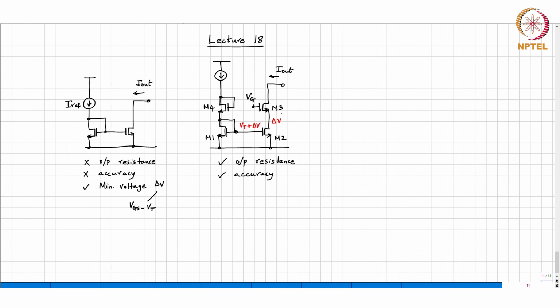Yes, Abhishek Chaudhary. VG should be 2 delta V plus VT. How do you get that? VGS minus VT is delta V. So M3 and M2 have the same size. They're carrying the same current.